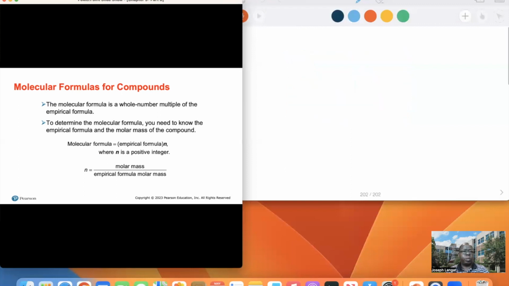Now, molecular compounds show the actual number. A molecular compound is a whole multiple of the empirical formula.